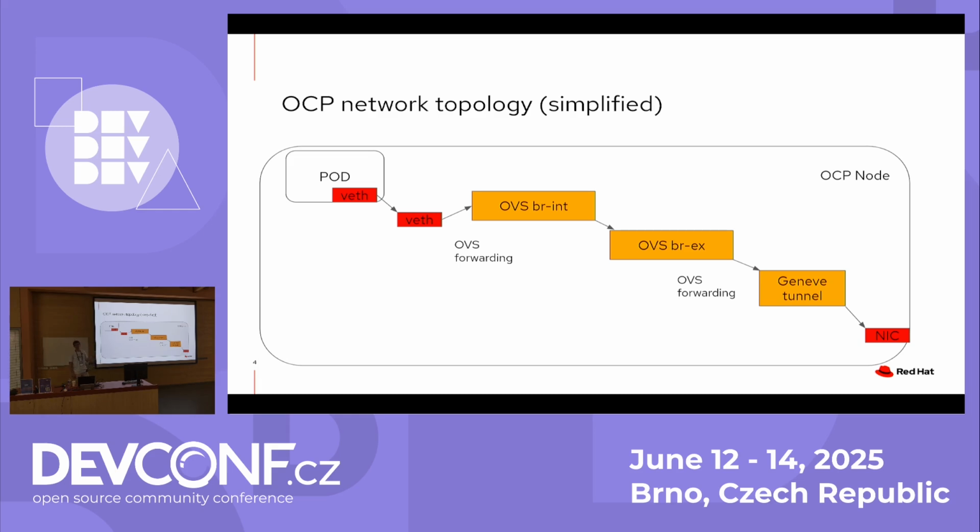There is OVS switching in it that forwards the packet to a second OVS bridge. And here there is again OVS switching, and the packets are forwarded towards a Geneve UDP tunnel virtual device. This is built on top of the real NIC, and packets finally reach the wire. This is for OCP on bare metal, and it's actually quite simplified because several things are not showing up.